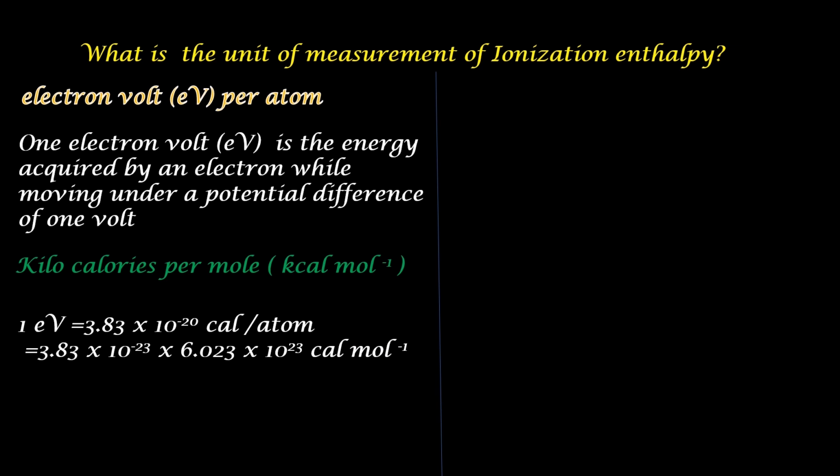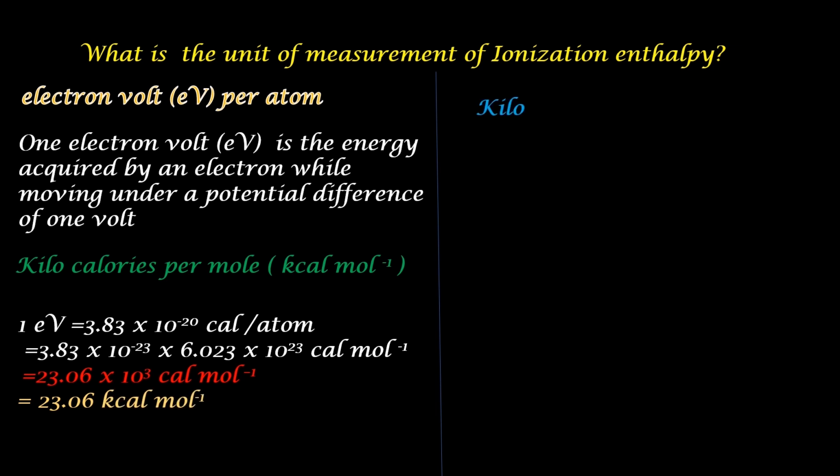On simplification, this will be equal to 23.06 into 10 raised to 3 calories per mole. 1000 calories make 1 kilocalorie. So divide this quantity by 10 raised to 3 or multiply it by 10 raised to minus 3. 10 raised to 3 and 10 raised to minus 3 get cancelled. So this becomes equal to 23.06 kilocalorie per mole.